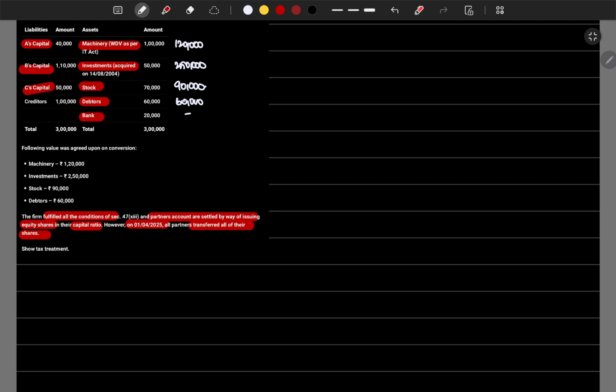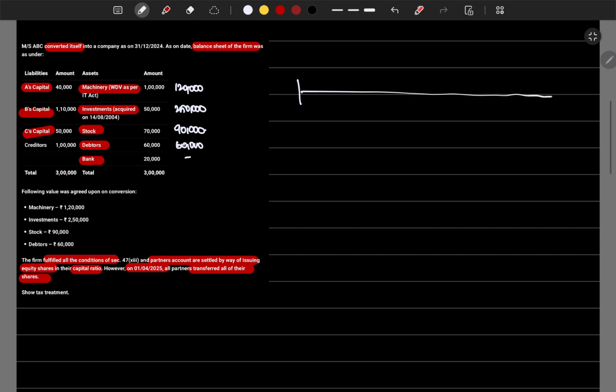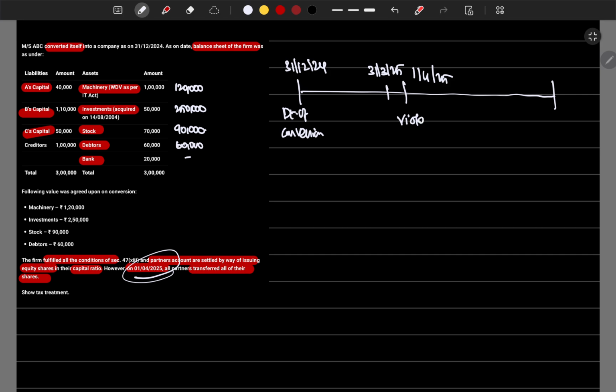The timeline: 31st December 2024 is the date of conversion, and the year ends 31st March 2025. When all partners transfer their shares, the violation happens on 1-4-25. If a violation occurs, the exemption provided for capital gain has to be reverted back.